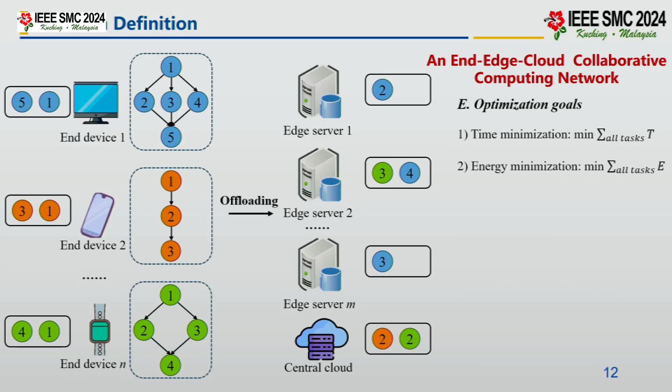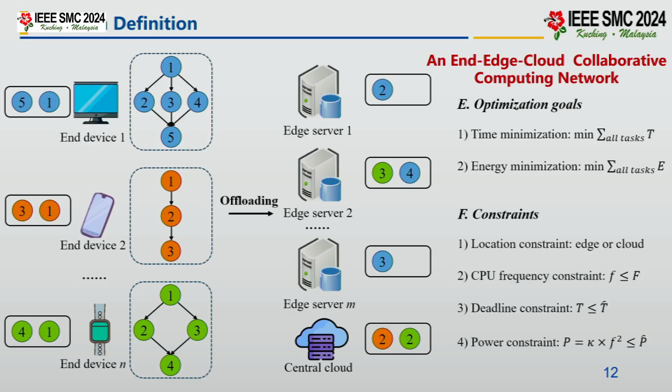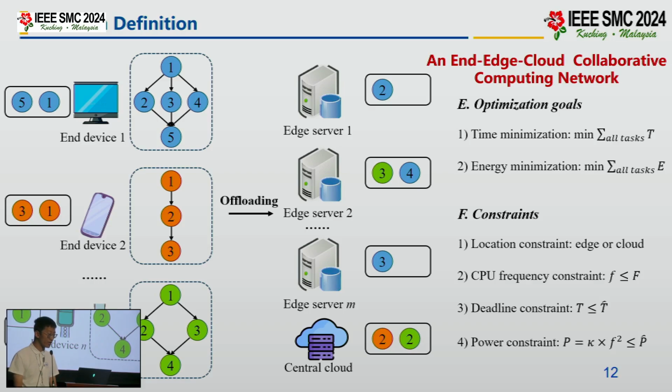Okay, our goal is to jointly minimize the time and the energy. However, during the optimization, we have to obey some constraints. For example, the location constraint: a task can only be offloaded to an edge or the cloud.